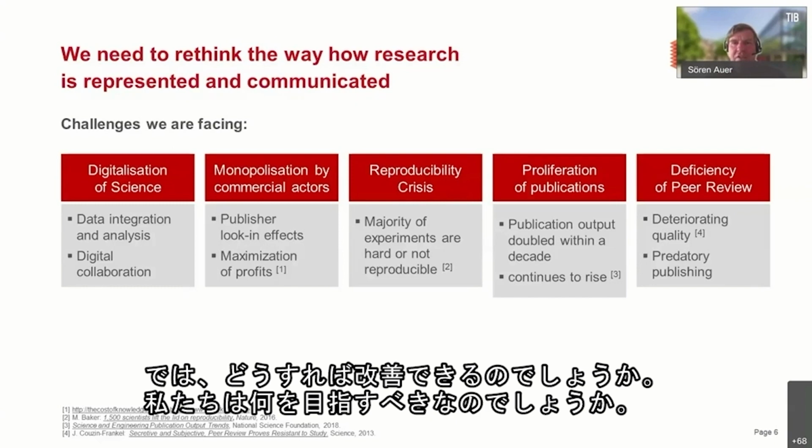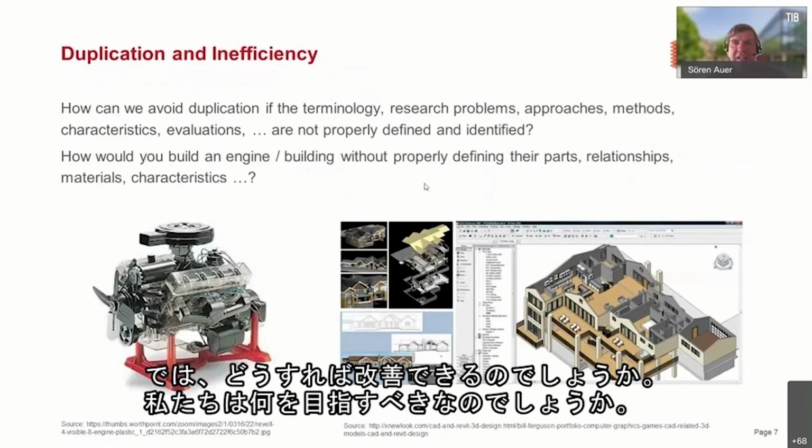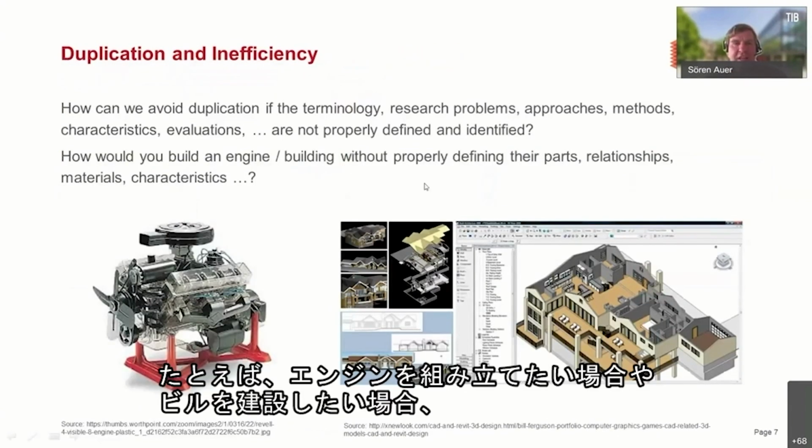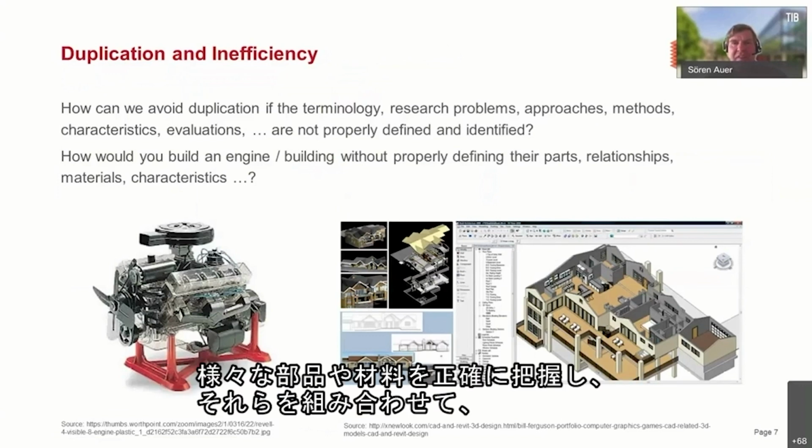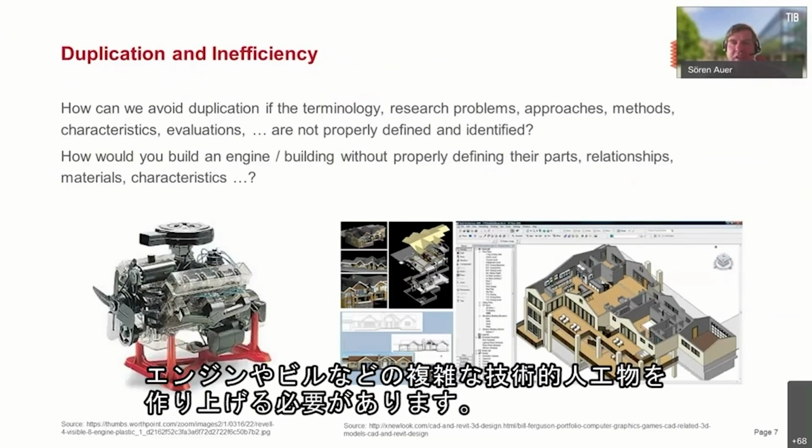So how can we change that, or what would we like to do? If you look also in other domains, for example, if you want to build an engine or a building, you need to identify the different parts very clearly to fit them together into a complex engineering artifact like an engine or a building.